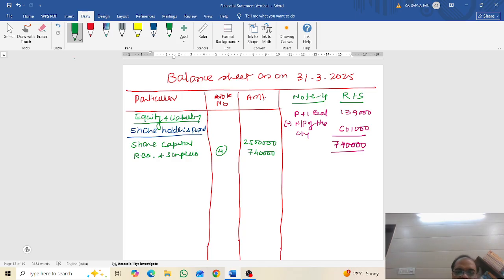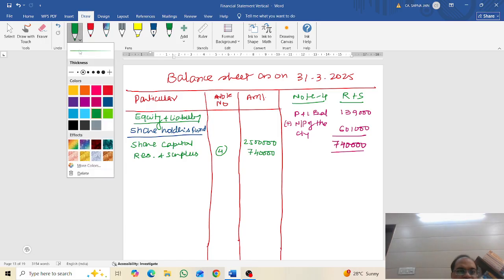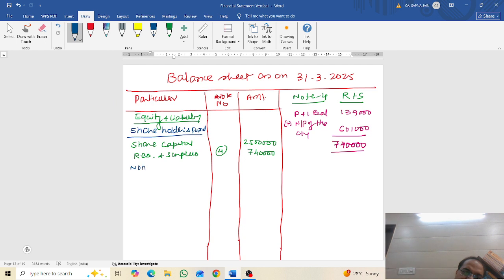After the reserve and surplus, the next heading is non-current liability.